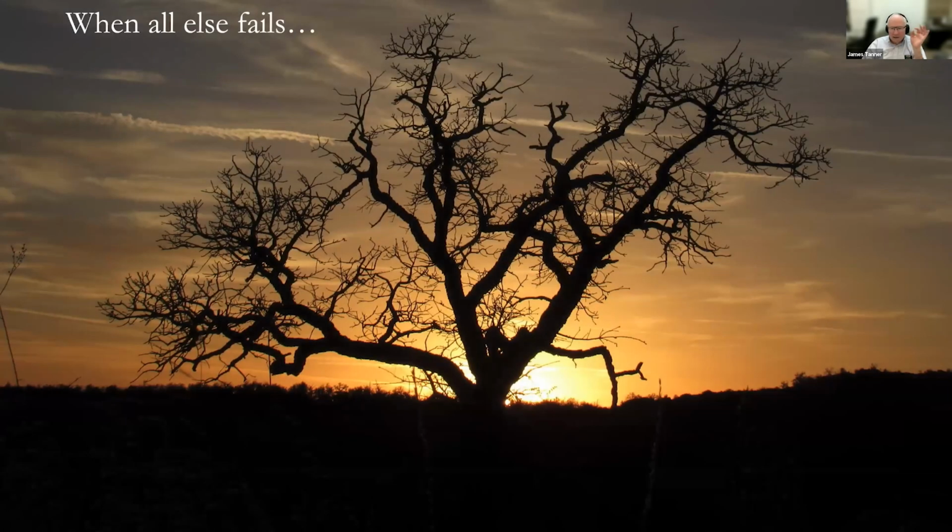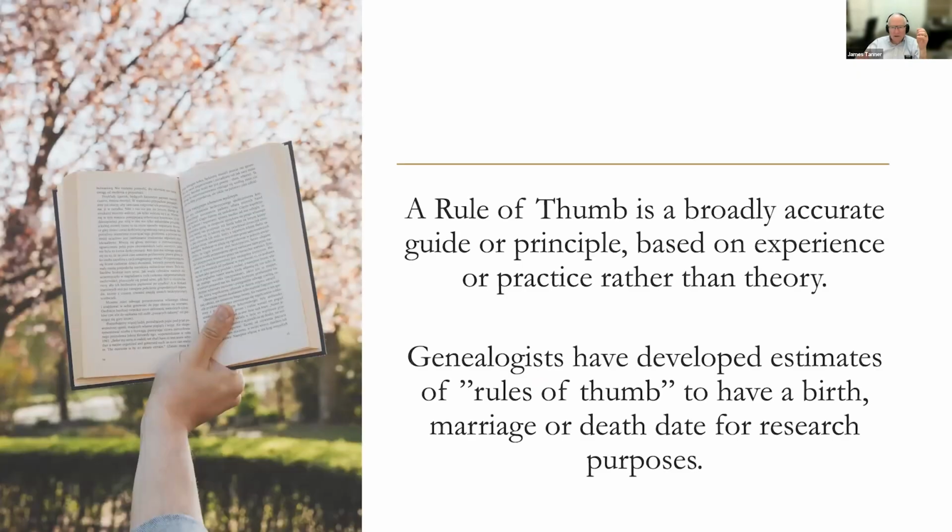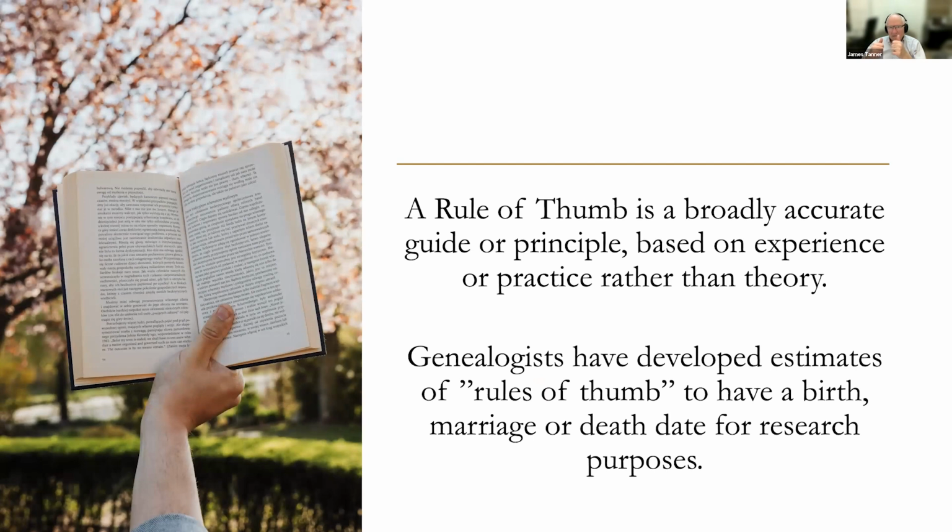So when all else fails, when you get to the point where you say, well, I don't really know what to do next, I just never can find this person, a very elusive person, then you should use a rule of thumb. A rule of thumb is a broadly accurate guide or principle based on experience or practice rather than theory.